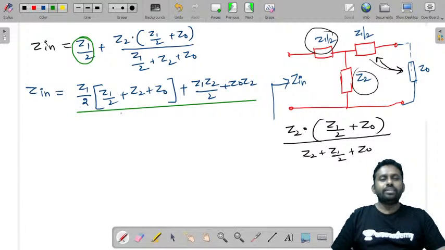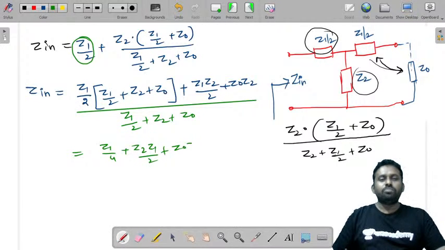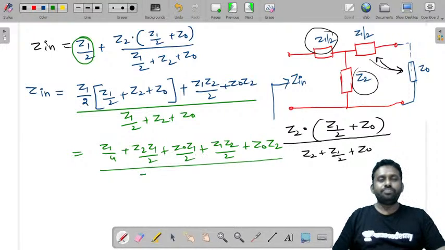So what you'll get in the denominator is Z1 by 2 as Z2 plus Z0. Just multiply Z1 by 2 inside, you get Z1 by 4 as Z1 Z2 by 2 as Z0 Z2 by Z1 by 2 plus Z2 plus Z0.